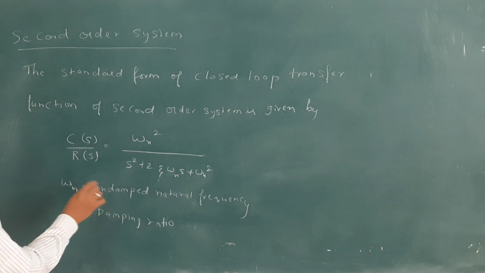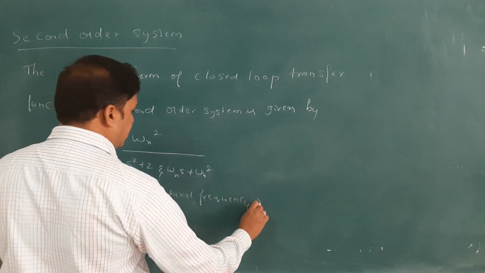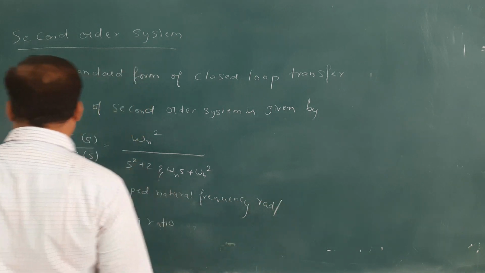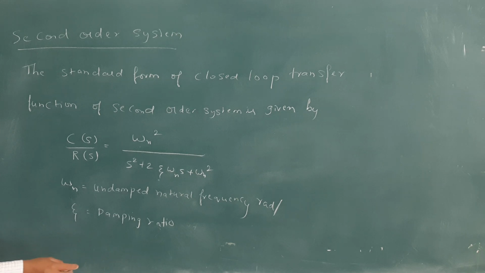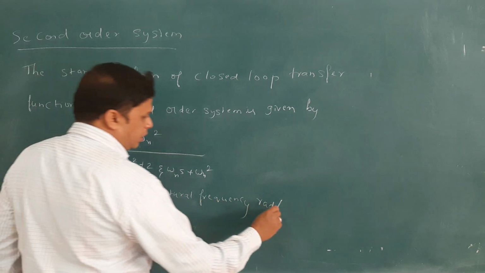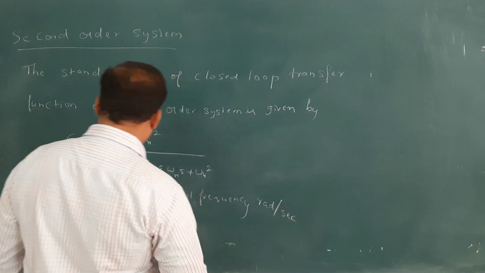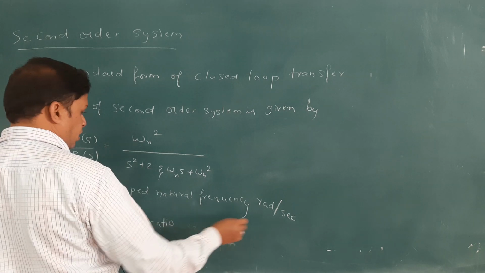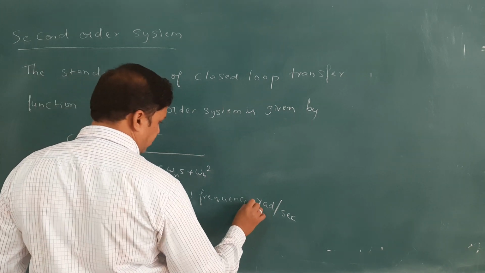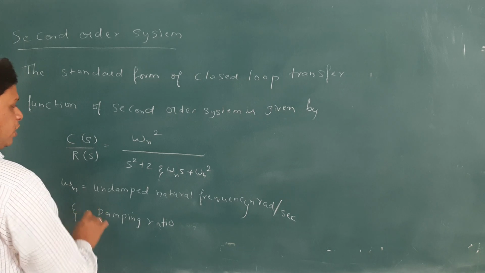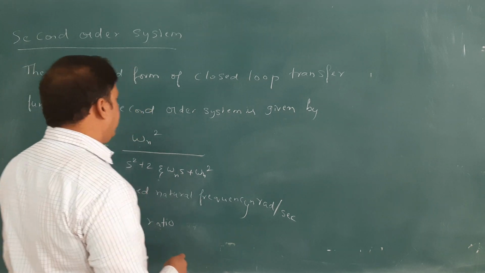Omega n is equal to undamped natural frequency, in radians per second units, and zeta is equal to damping ratio. It doesn't have any units here.